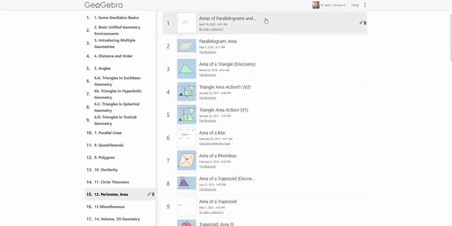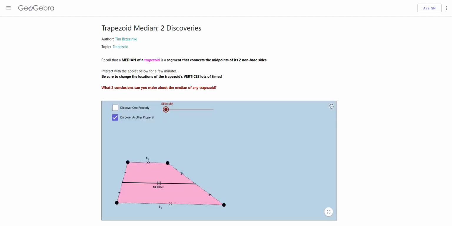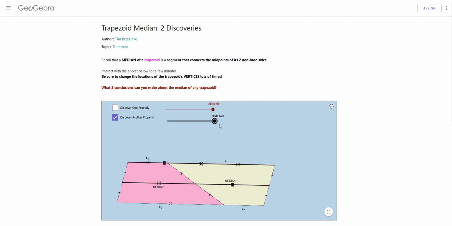Okay, so yeah, there's lots of cool ways of getting areas of trapezoids, and in the end, what do we have? So this one is another discovery about the median of a trapezoid. Watch this. If you take this at this point right here and rotate it around, you get a parallelogram. That's one way we got the area.